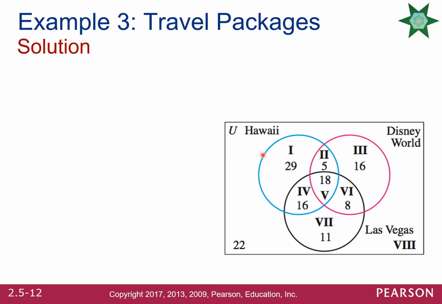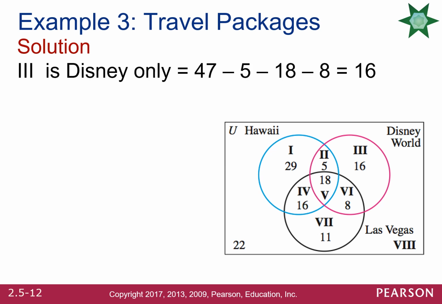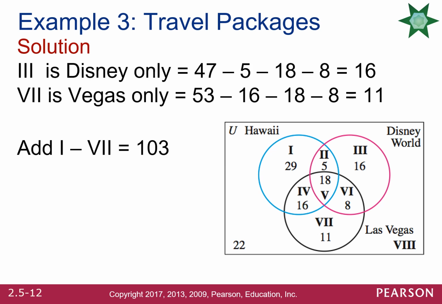Just to continue with the last three regions, which were not shown on the PowerPoint on the slide before this, region 3 and region 4, and then finally coming up with the number for region 8. So region 3 is Disney only, correct?